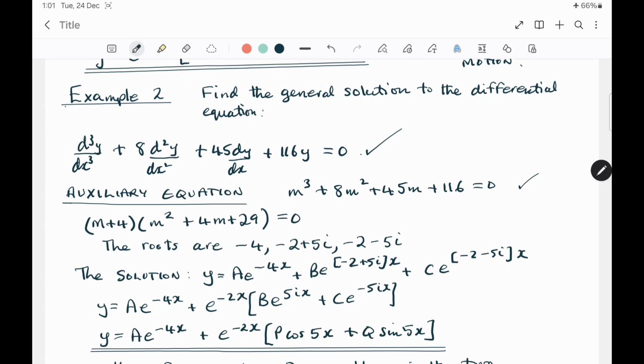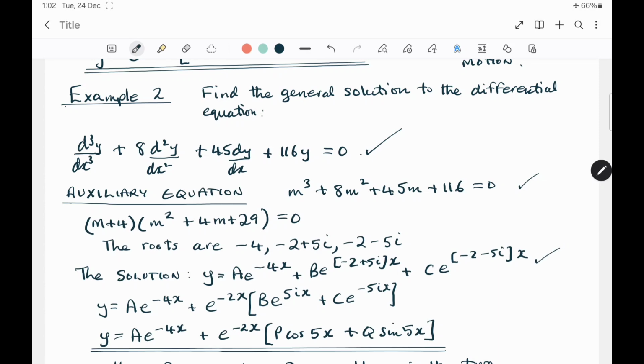And the solution, as before, will be y equals a e to the minus 4x, and then the complex part, plus b e to the power minus 2 plus 5i x plus c e to the minus 2 minus 5i x. So we're down to here.